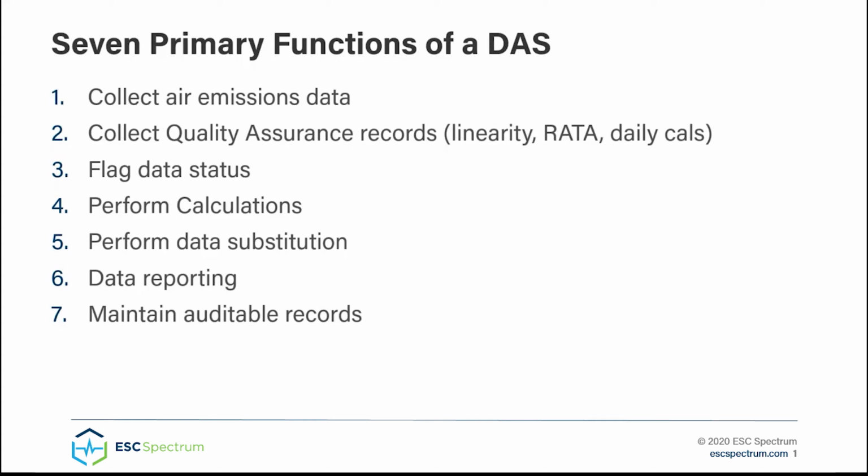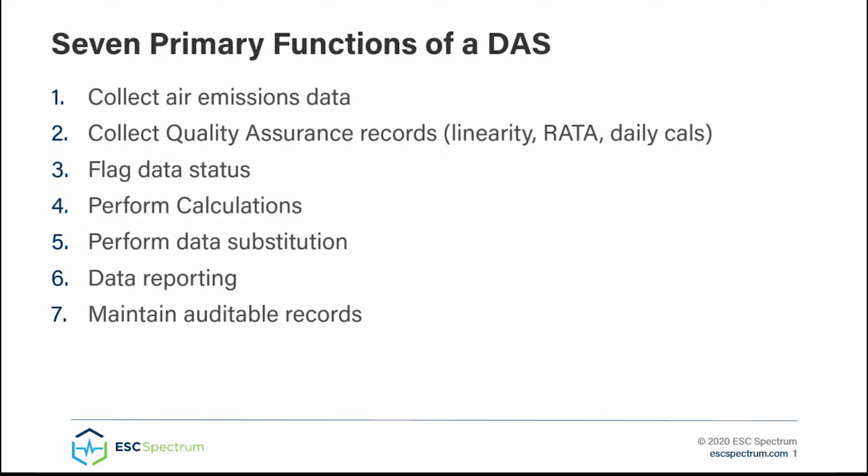This involves substitution of computer-generated values for periods where there is no valid CEMS data available. Sixth, the DAS produces data reports required by regulatory agencies, including the EPA and the states. And lastly, the DAS creates and maintains an auditable record of emissions data. Regulations require that an auditable record be maintained, typically for 3 to 5 years.